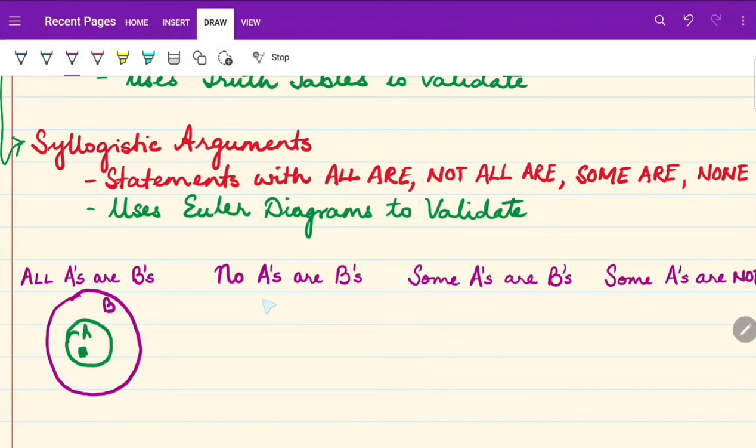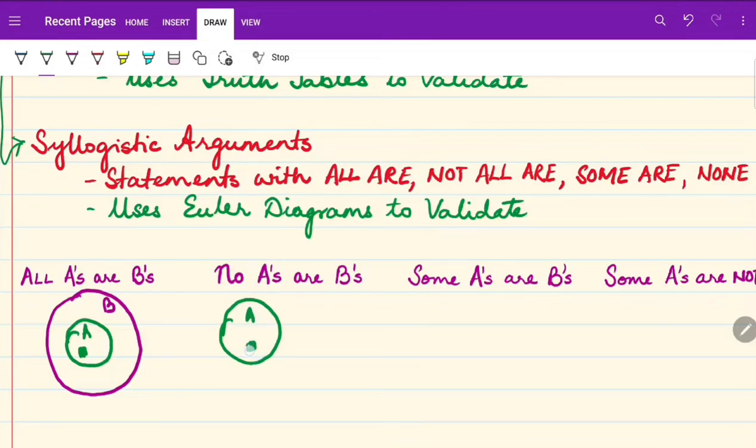Now let's try to draw the diagram for the phrase no A's are B's. This means that none of the elements of A are a part of the set B. The way we would go about drawing this is we first draw our circle for set A with its elements.